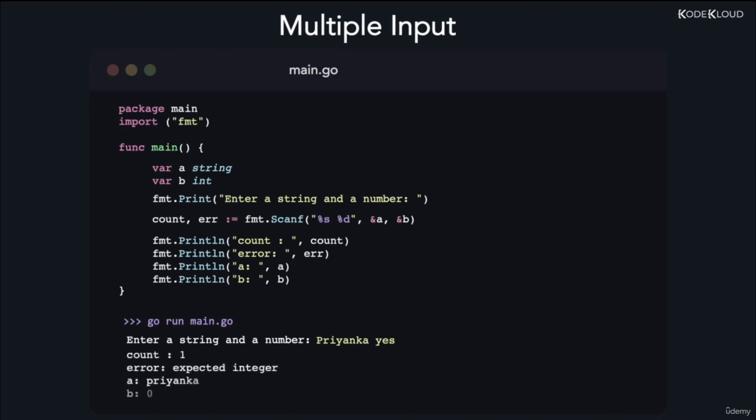We get the following output. Now count is 1 because we stored input successfully in just one argument, and that is the variable a. As you can see, the error is expected integer, since we were expecting an integer, but it got a string instead. So it gave us an error. The value of variable a is Priyanka and the value of b is 0, because it's the zero value of an integer.